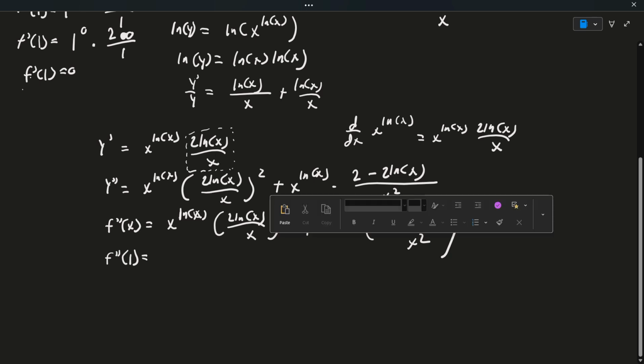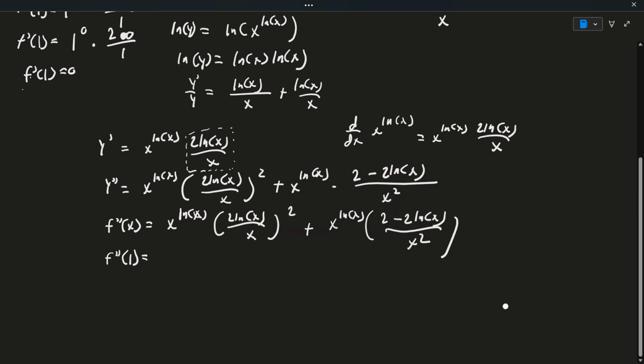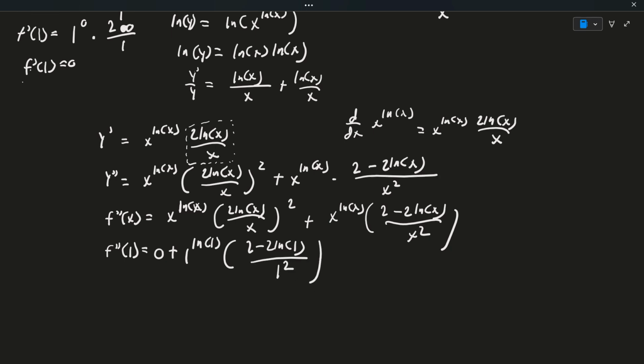This first part is going to be 0, because even if we square this, inside this value would be 0, and squaring 0 would just get 0. So plus 1 to the ln of 1, all that times 2 minus 2 ln of 1 over 1 squared.